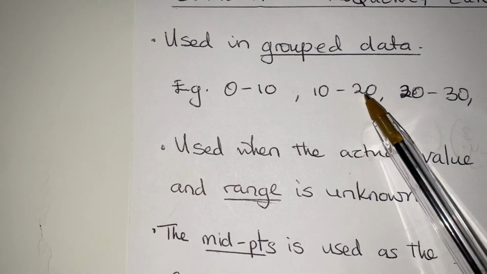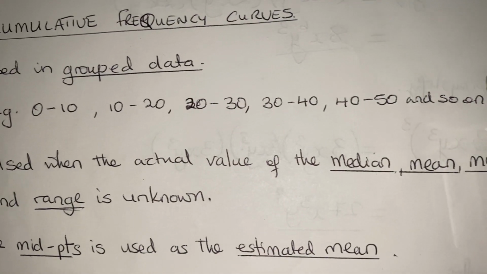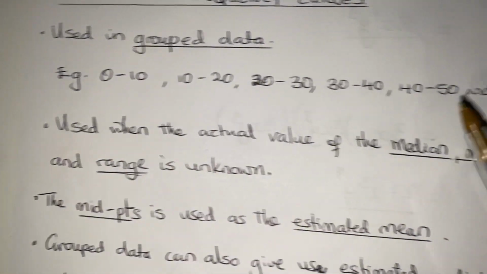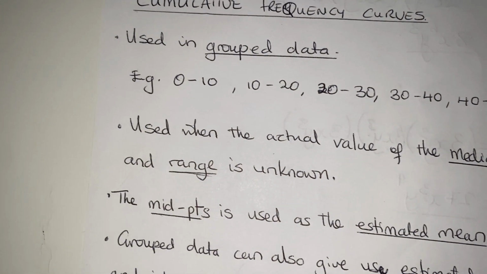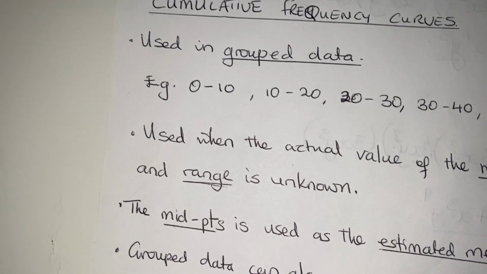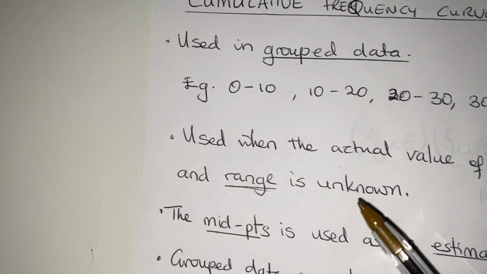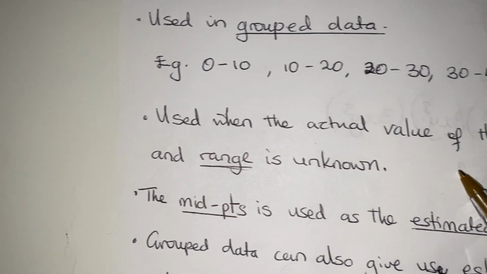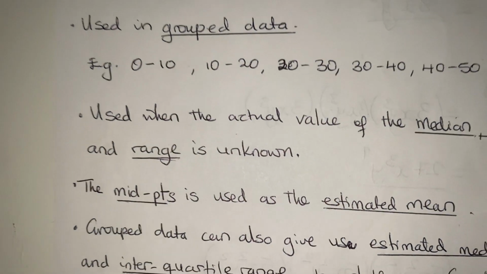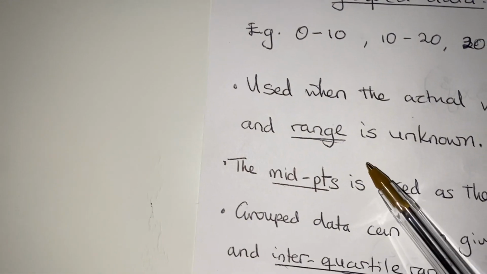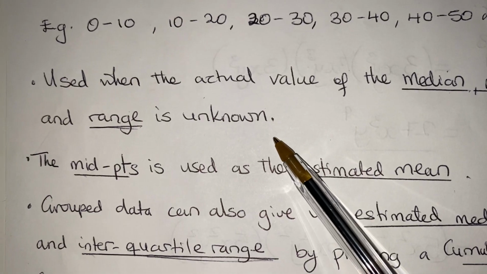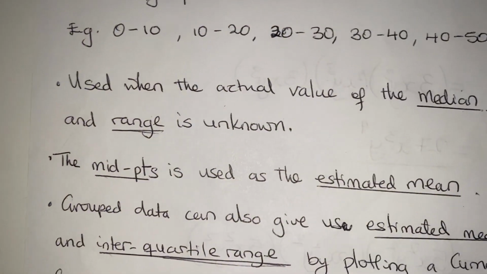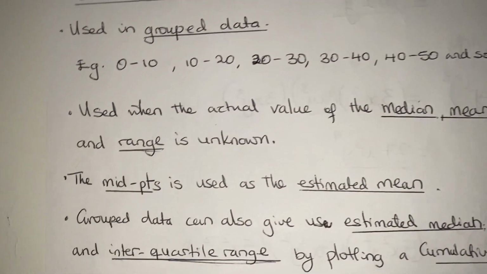They will give you this and it overlaps, but you have to decide how you want to use it. We use it when the actual values of the median, mean, mode and range are unknown, so you can get the estimated values.